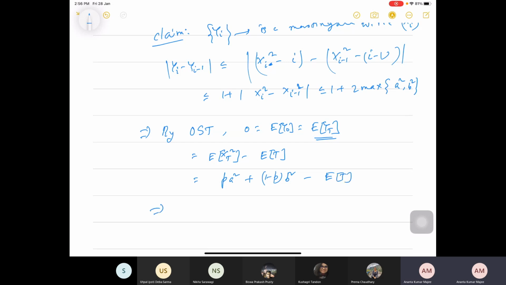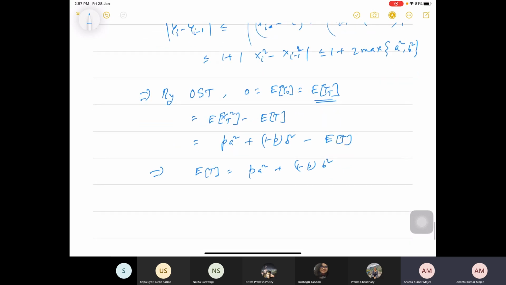So this implies that the expectation of T is equal to p a squared plus (1 minus p) b squared. Now what is the value of p? We already got it: p is b by (a plus b), times a squared, plus 1 minus p, which is nothing but a by (a plus b), times b squared.